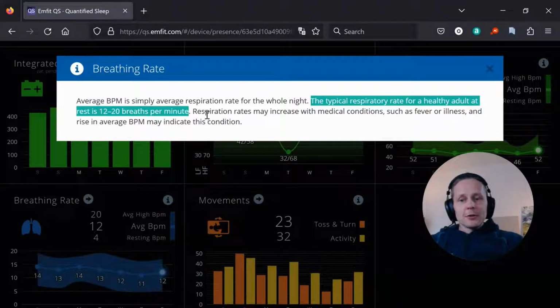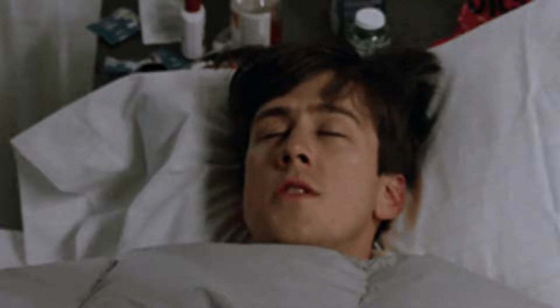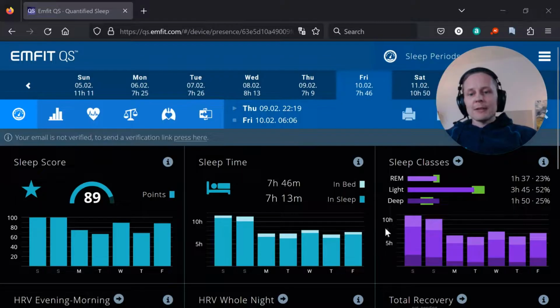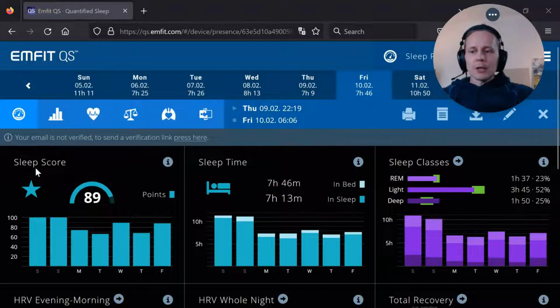And if you are, for example, having a fever or you are getting sick, it might go up. So it might indicate that something is happening if you see a sudden increase in your respiration rate. But basically, those are the important variables that I would be looking at from here.